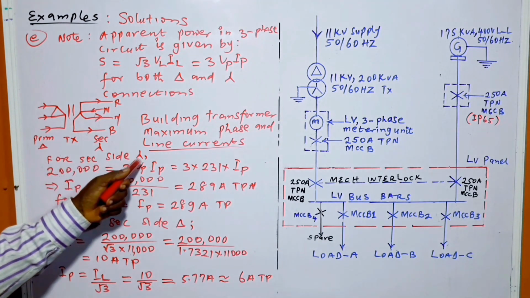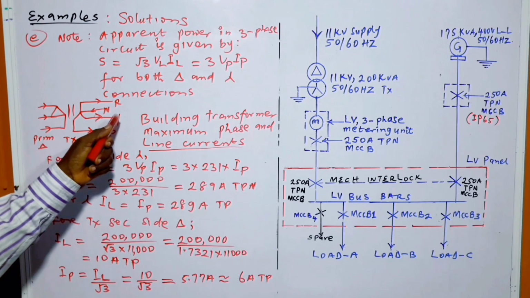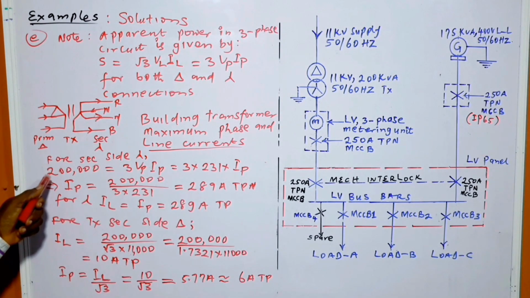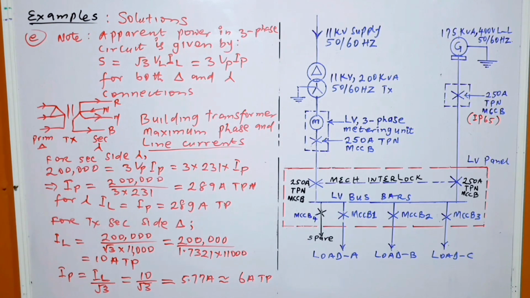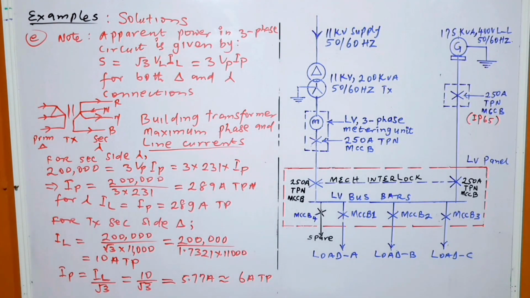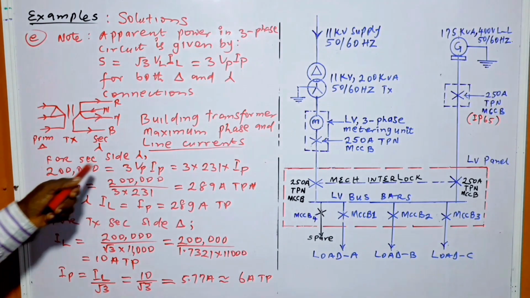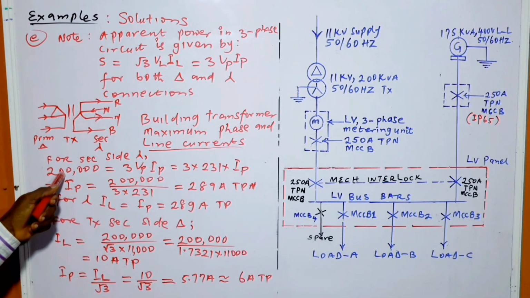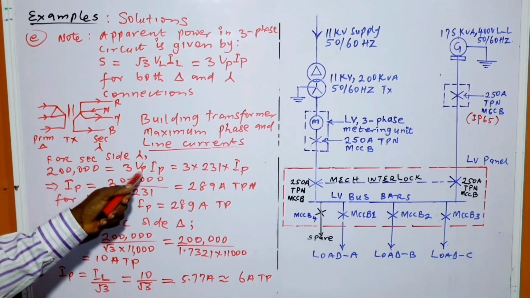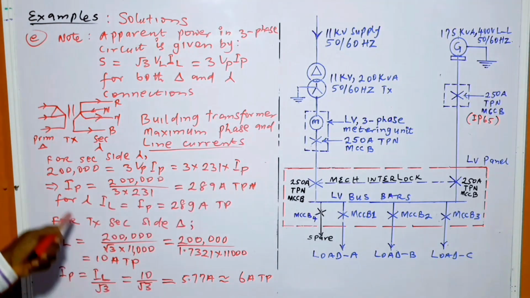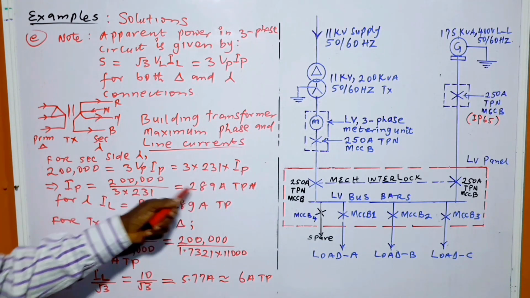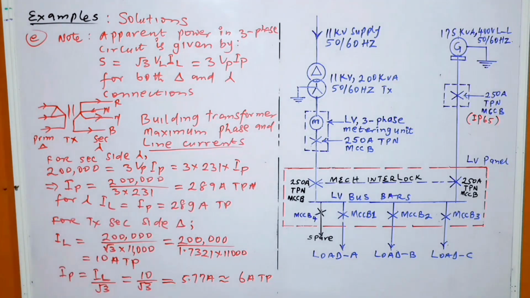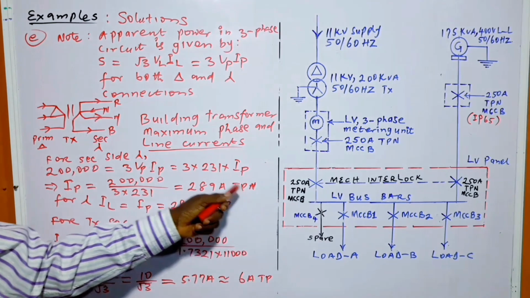So for the secondary side, we start with that one, which is connected in star. The transformer rating is 200 kVA, and that is the maximum power it can deliver or handle. So, making use of this formula, S is equal to 3 into V phase I phase, and from there we calculate I phase, or the phase current, to be 289 ampere, triple phase with neutral.